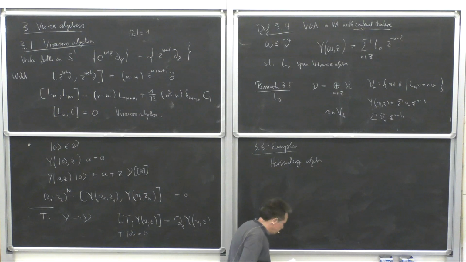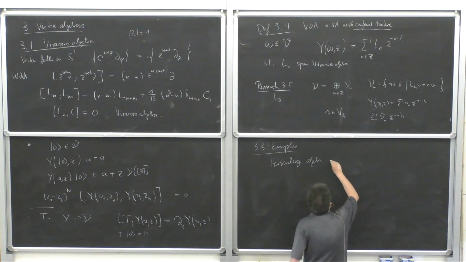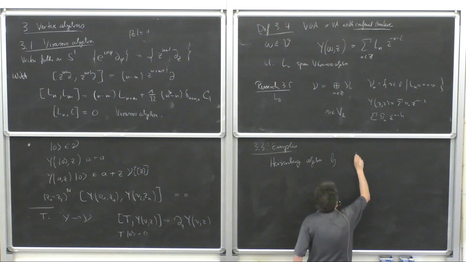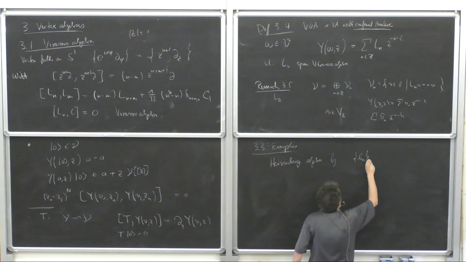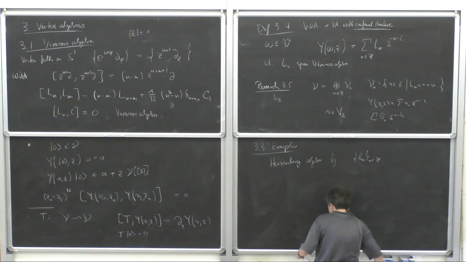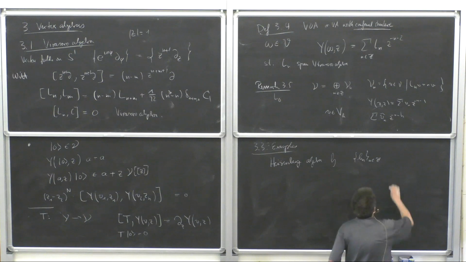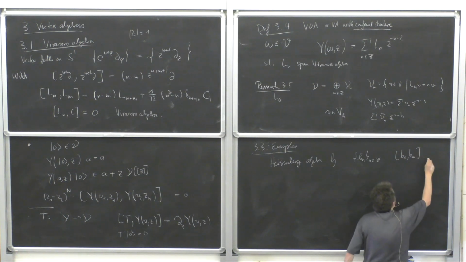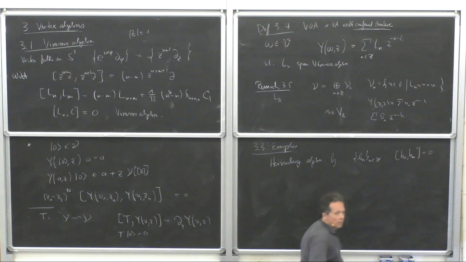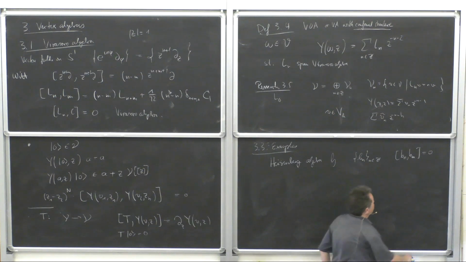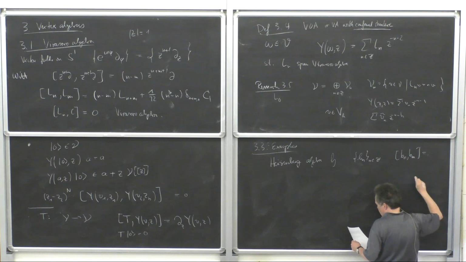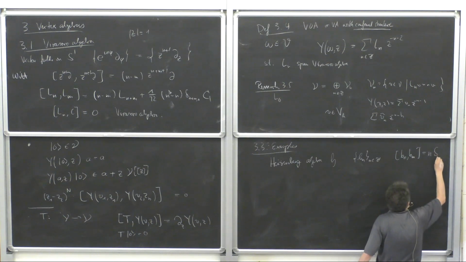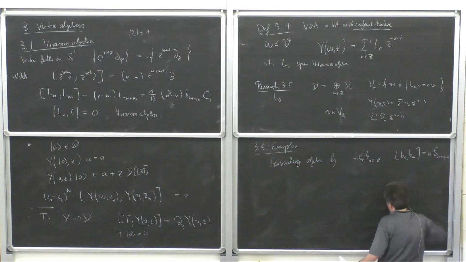That's spanned by generators b_n, n in Z. Again, you could ask this to be abelian, but then you can ask, is there a central extension? Yes, there is a central extension, n plus m comma 0.